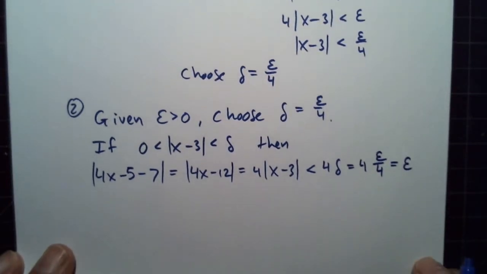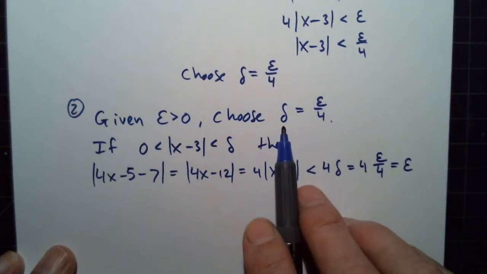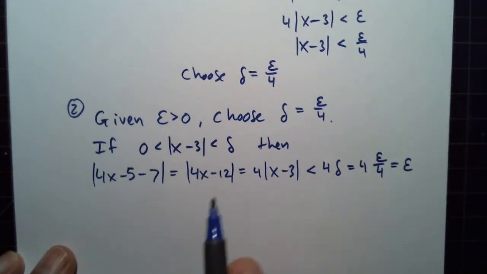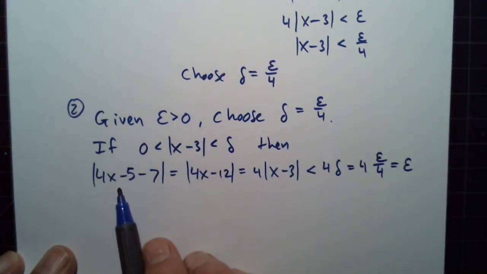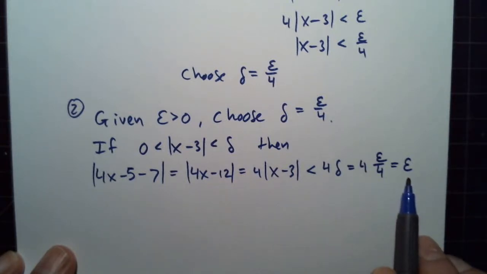And this is how we can satisfy the proof, satisfy the definition, where by choosing a delta, we have shown that |f(x) - L| is less than epsilon.